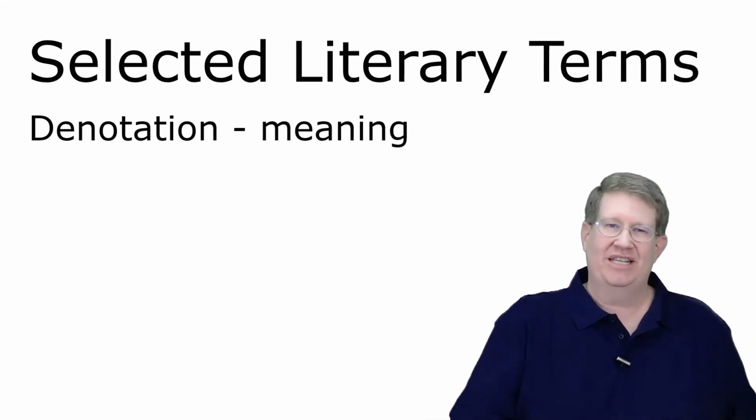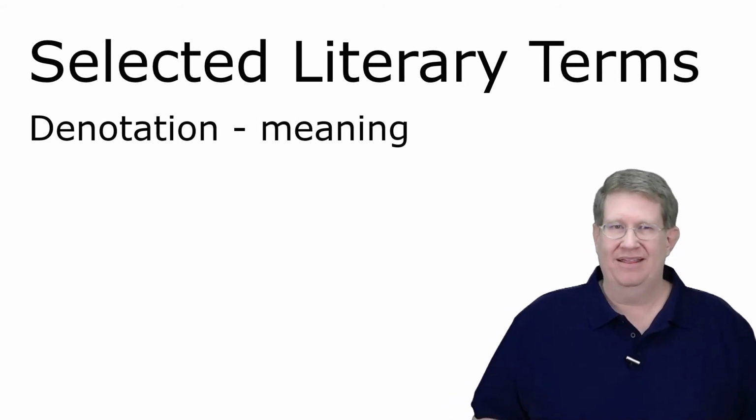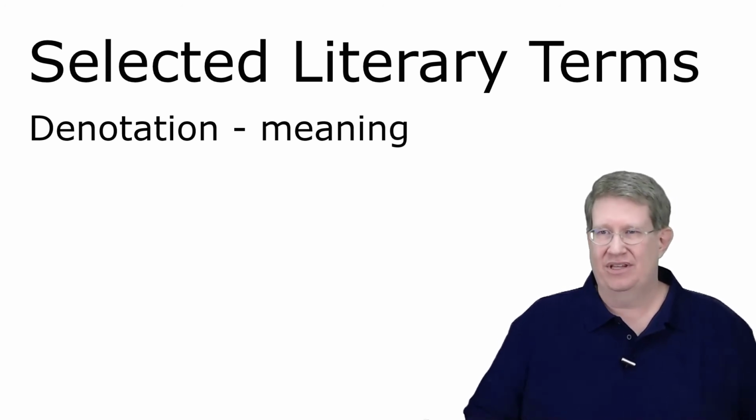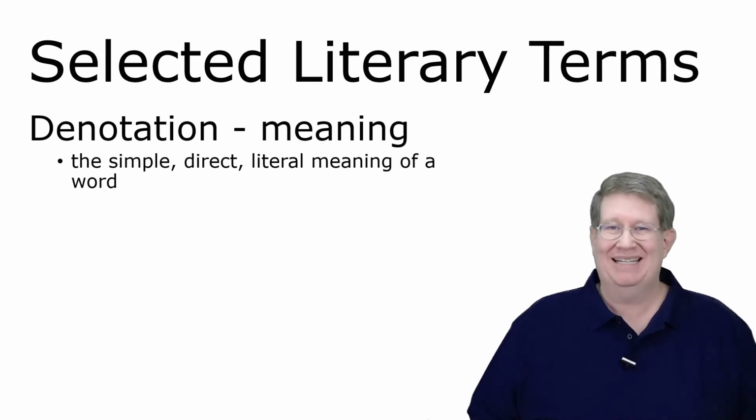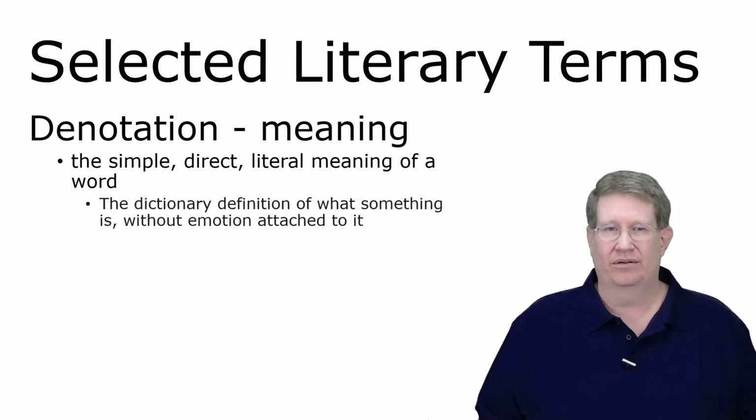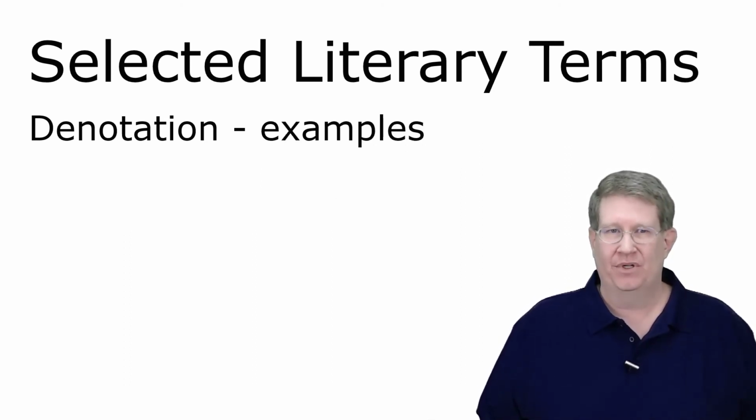So if connotation is the emotional feeling, then a denotation is the actual meaning. So it's the simple, direct, literal meaning of a word. The dictionary definition of what something is without emotion attached to it. So let's take a look at some examples. Blue.